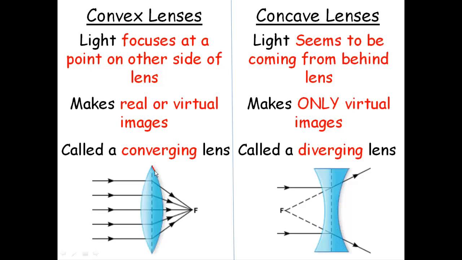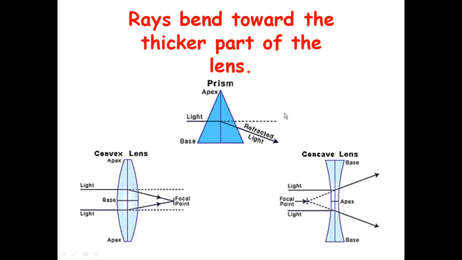So we notice that in a convex lens, the light comes to a point or focus, and the concave one, they spread apart, so it's called diverging. And if you trace those back, we create a virtual focus. In each case, an easy trick to remember is the ray always bends towards the thicker part of the lens.